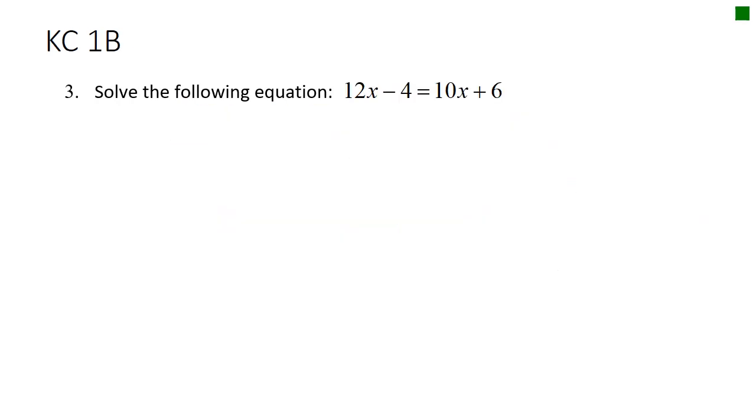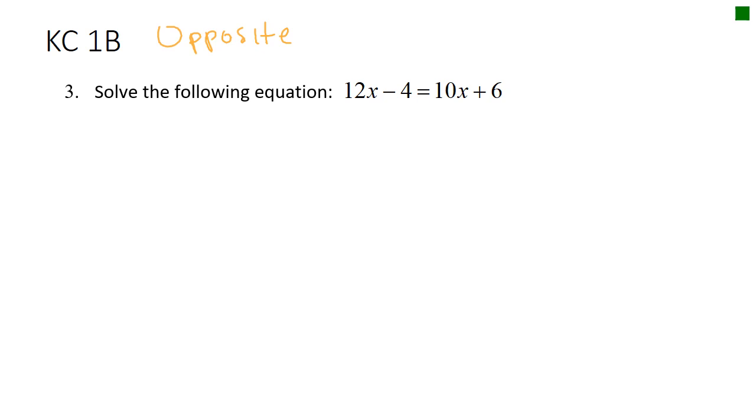Alright, moving on to KCB. KCB still talks about combining like terms, but now we're doing the opposite. You're still combining like terms because you're working with the ones that have like terms. X with X, number with number, Y with Y. But now we're doing the opposite at all times, okay?